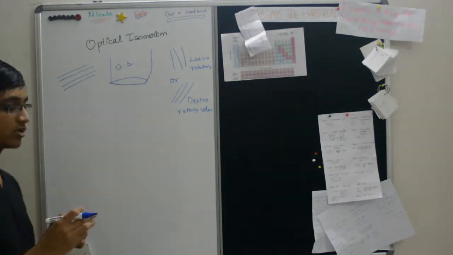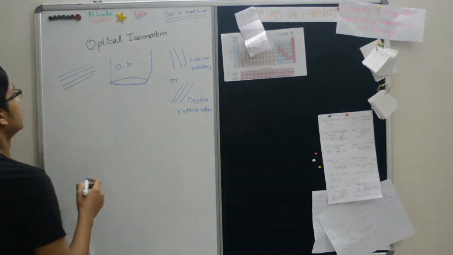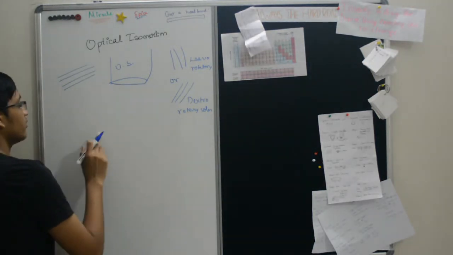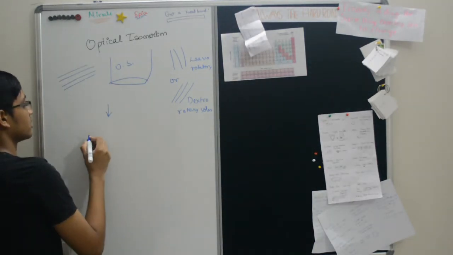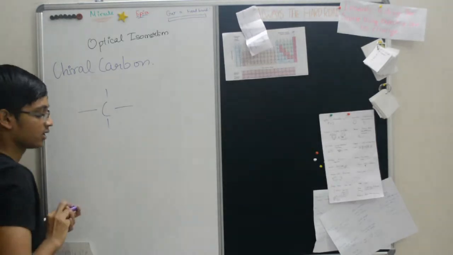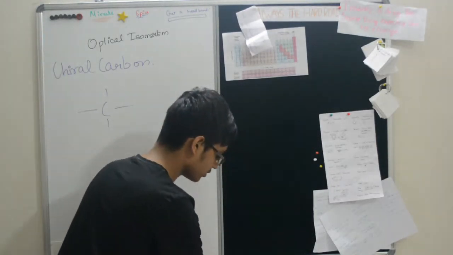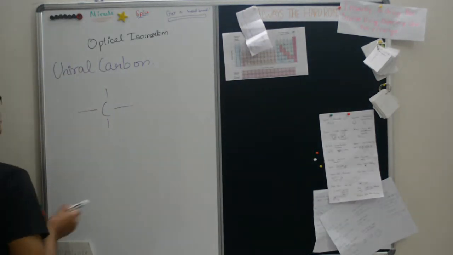But people started to question why they are bending. So after this discovery, it led to the idea of the four bonds which you can make. Now what happens in a chiral carbon is that all four bonds are different.